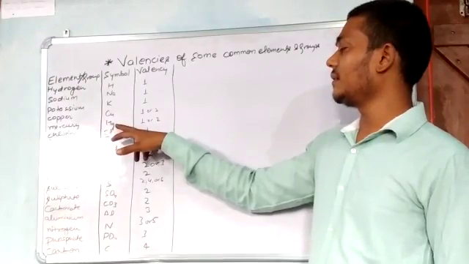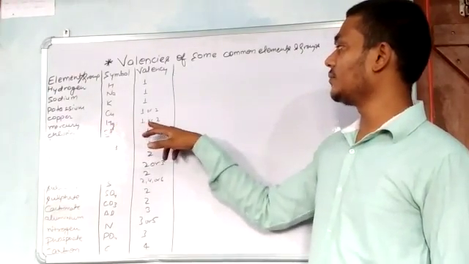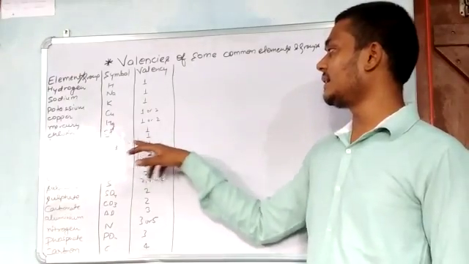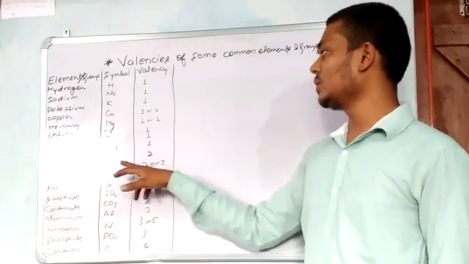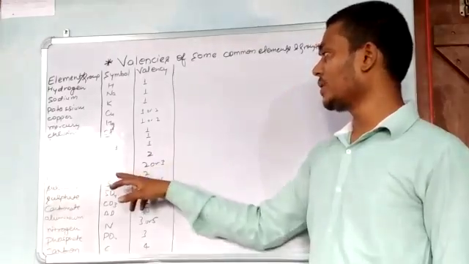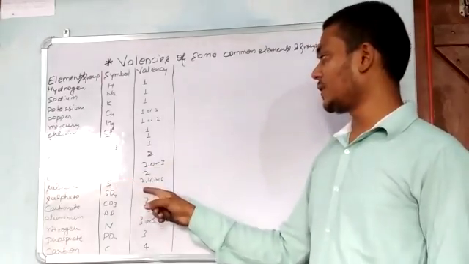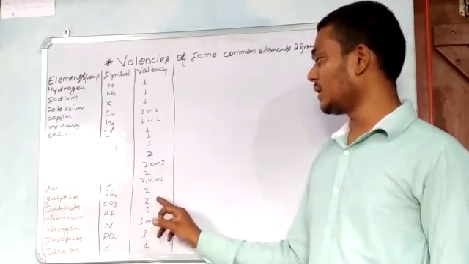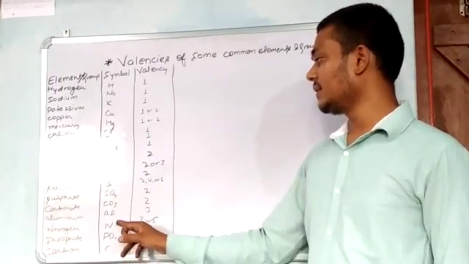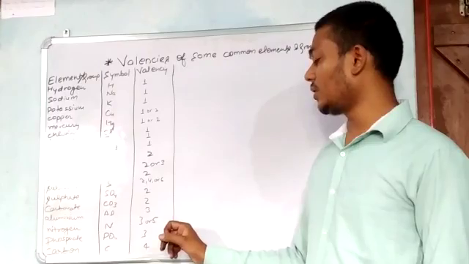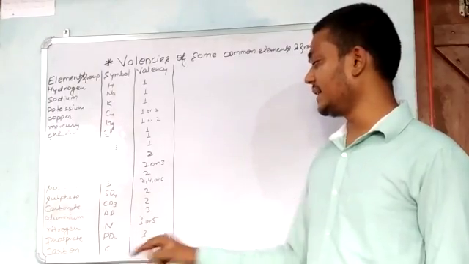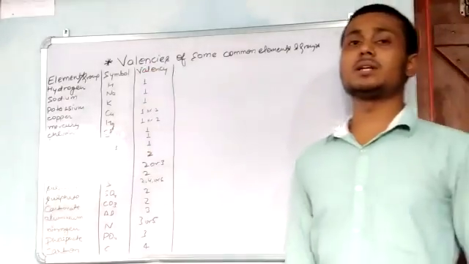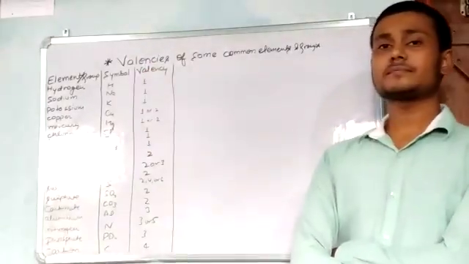Similarly, Hg, mercury 1 or 2, chlorine 1, iodine 1, nitrate 1, calcium 2, iron 2 or 3, oxygen 2, sulfur 2, 4 or 6, sulfate 2, carbonate 2, aluminium 3, nitrogen 3 or 5, phosphate 3, and carbon 4. Okay, so write down this table in your notebook and remember.